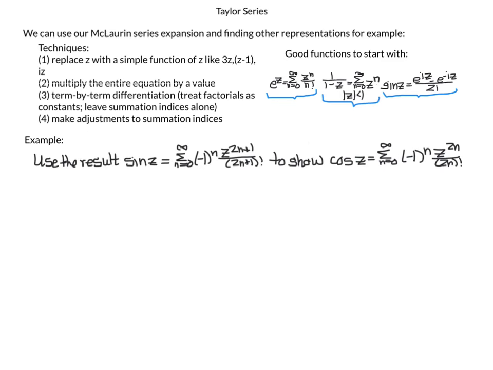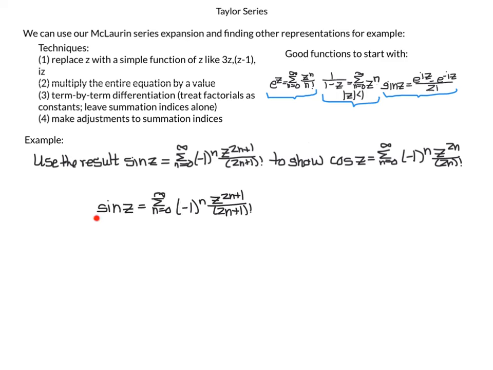Our next example is to use the result from our last example, which is sine z equals the summation from n equals 0 to infinity of negative 1 to the n, z to the 2n plus 1 over 2n plus 1 factorial, to show that cosine has the expansion summation n equals 0 to infinity, negative 1 to the n, z to the 2n over 2n factorial.